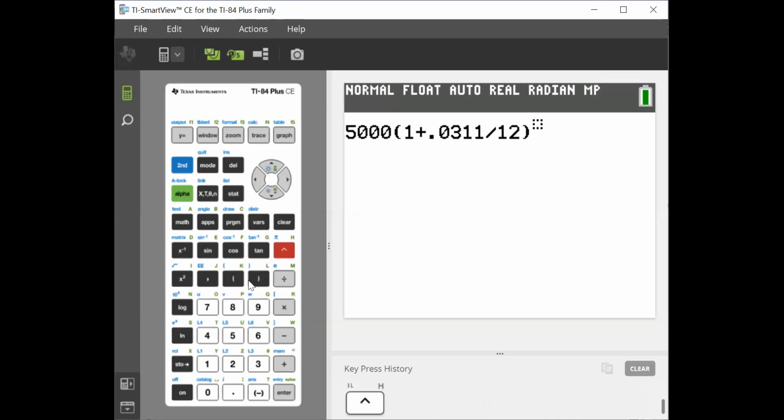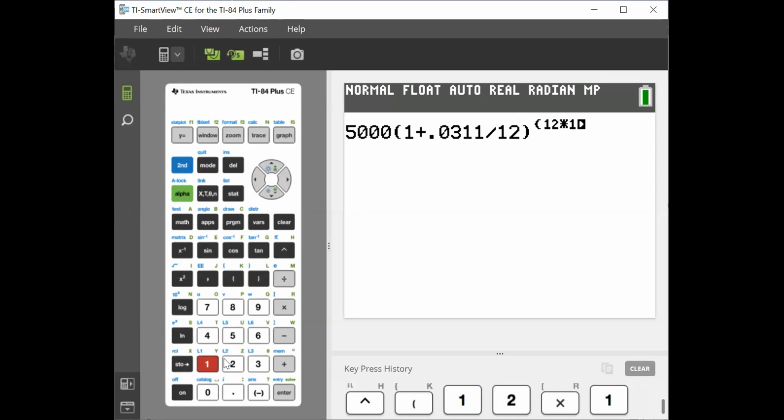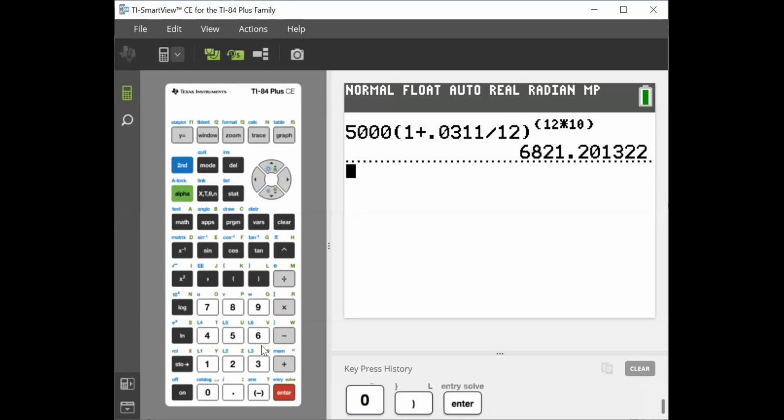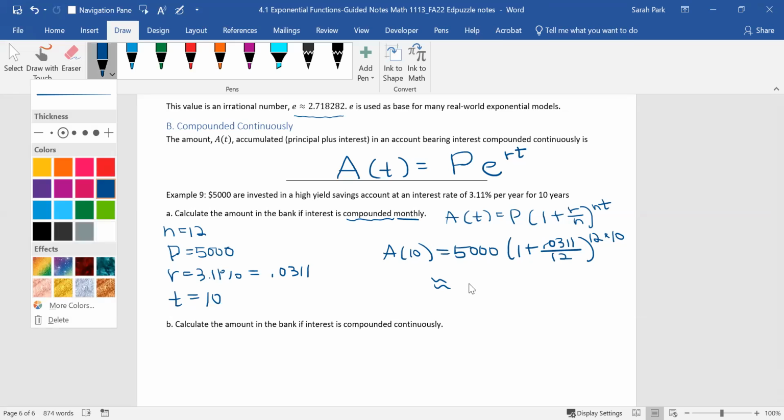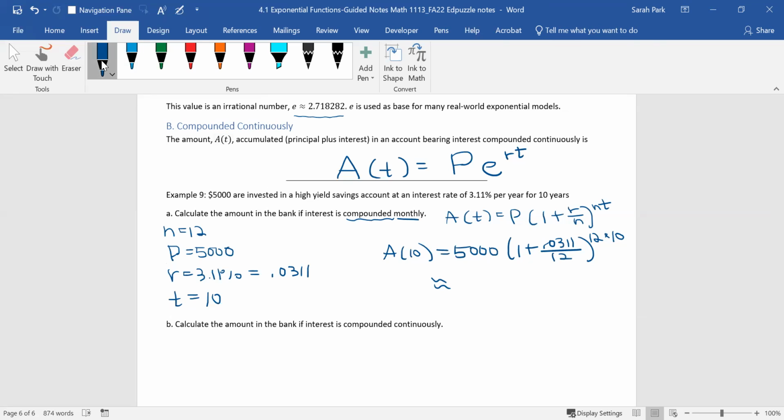I'm going to raise that to 12 times 10. And it says we get $6,821.20. So it looks like we accrued some interest, about $1,800. 6821.20.